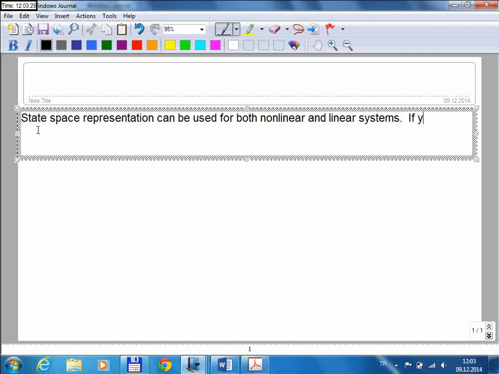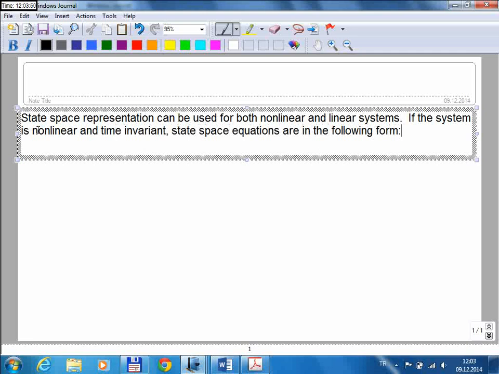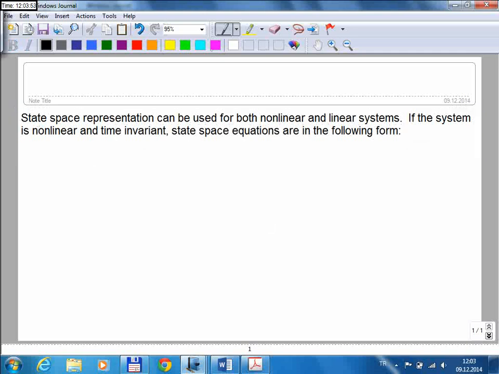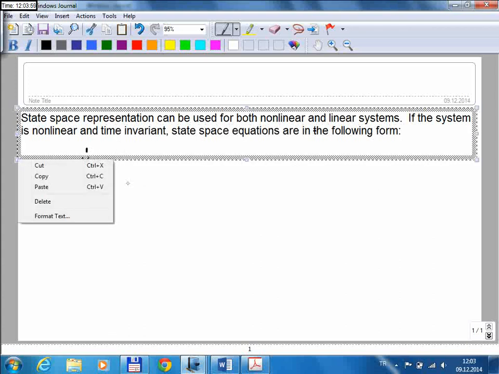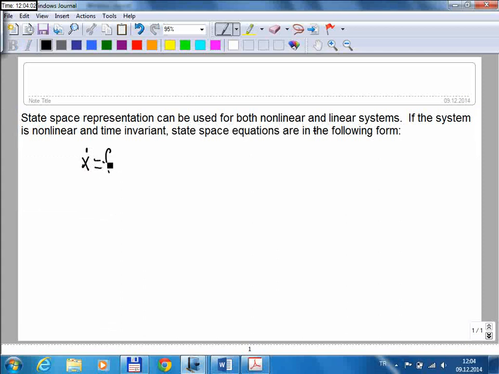If the system is nonlinear and time invariant, state space equations are in the following form. So for a nonlinear system, we have the state equations as a vector differential equation. X dot is equal to f of x and u, and then the output is another nonlinear function of x and u. So these are the state equations.